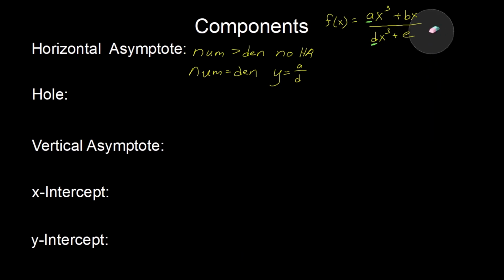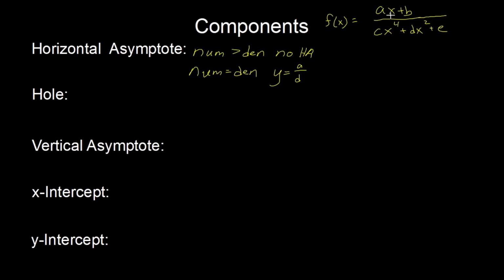The very last case that we're going to look at for horizontal asymptotes is if the numerator has a lower degree. So ax plus b divided by cx to the fourth, let's be real weird here, plus dx squared plus e.